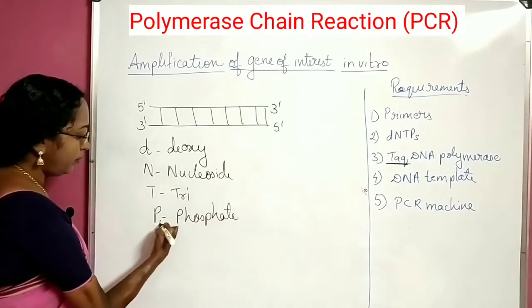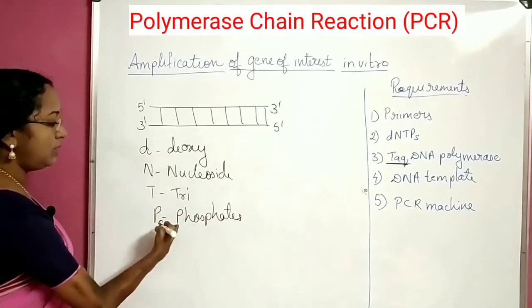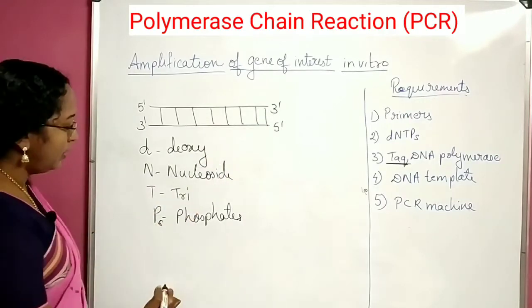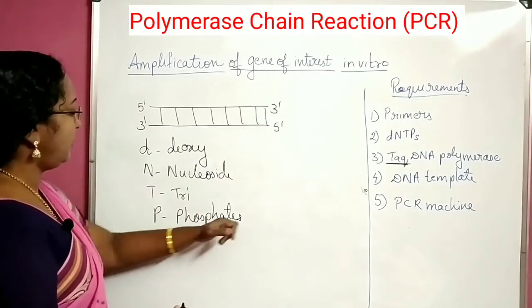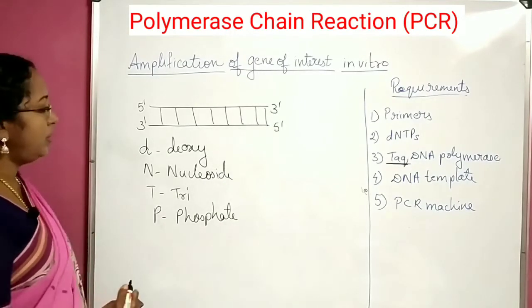I have written here P's, phosphates, dNTPs, many dNTPs, that plural form I have written like that. Okay, so we will put it here as dNTP. Now what is this dNTP actually?